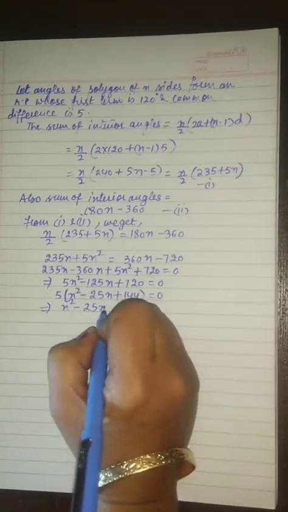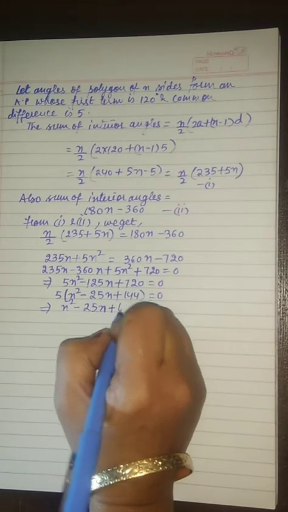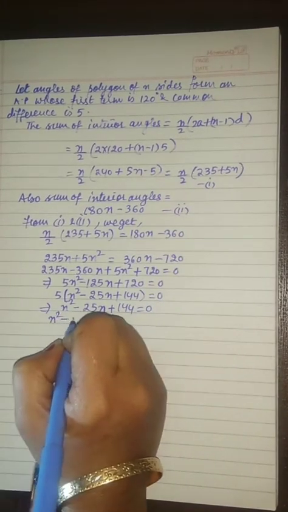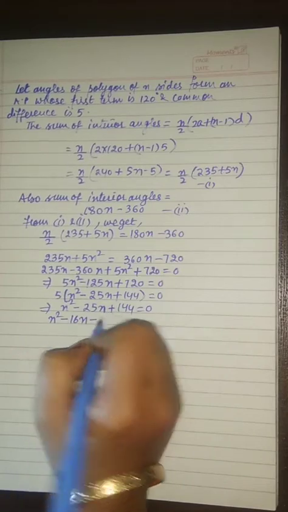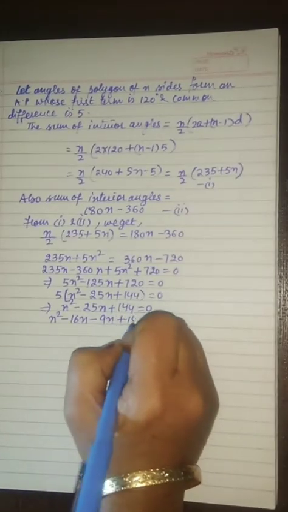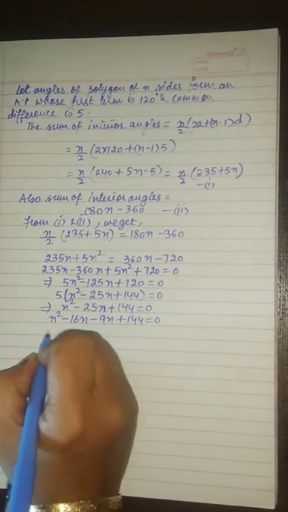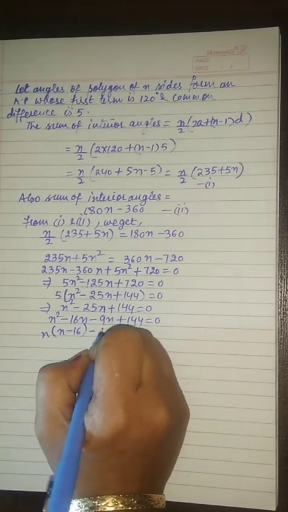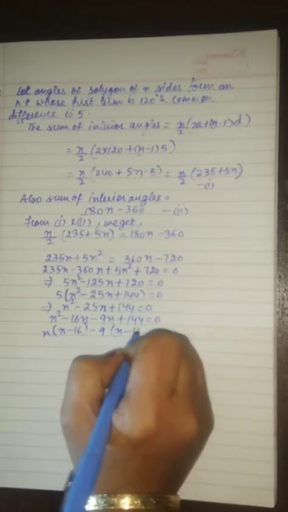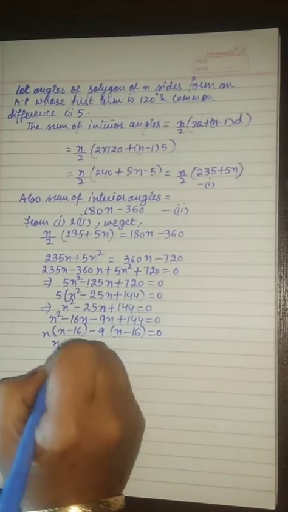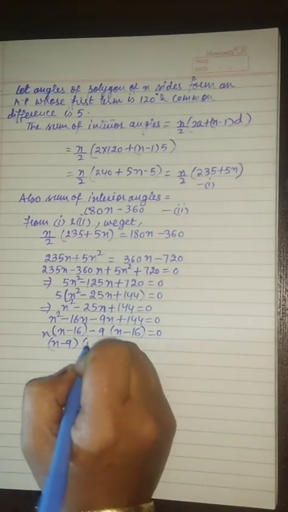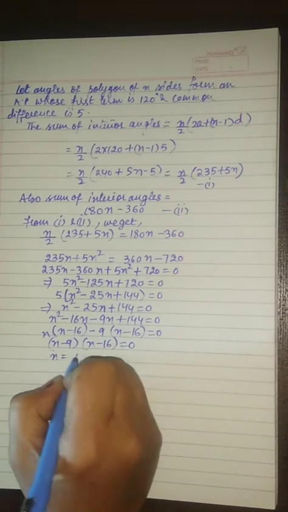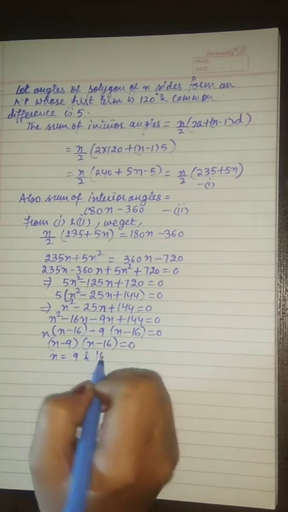25n can be split into 16 and 9. So it will become n square minus 16n minus 9n plus 144 is equal to 0. Taking n common from the first two terms and then minus 9 from the last two terms, we have (n minus 9)(n minus 16) is equal to 0. It will give us n is equal to 9 and 16.